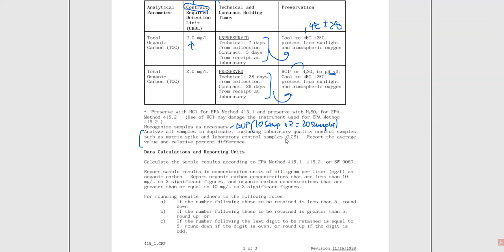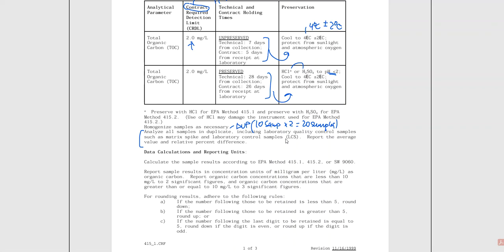Then it also says that duplicates should also include laboratory quality control samples. So everything that I'm running on my own that I've made that goes into the batch of samples, those should also be duped.